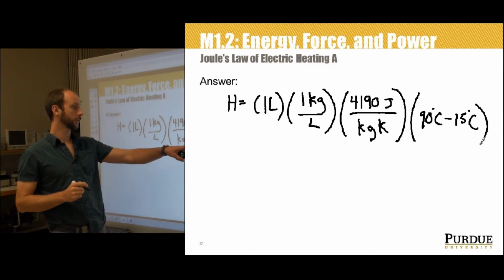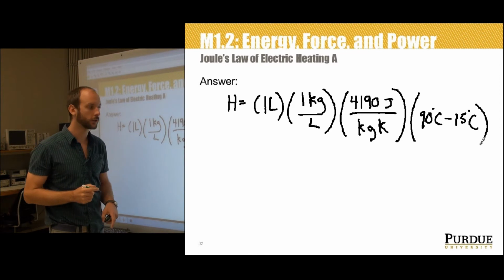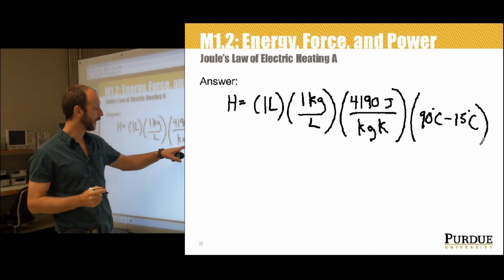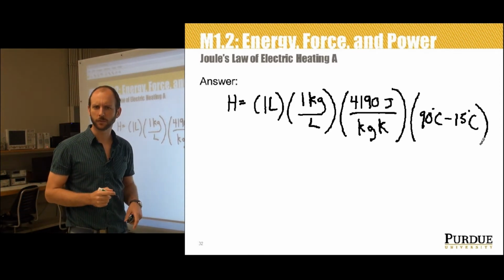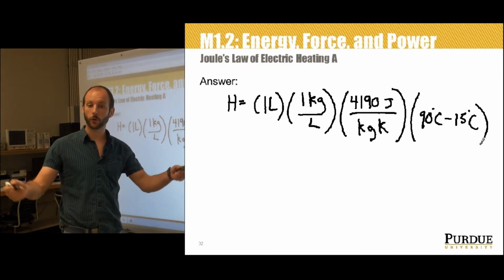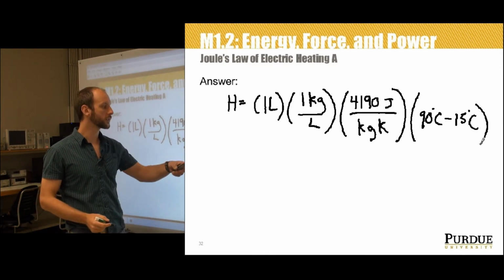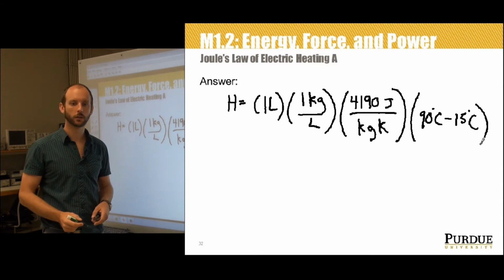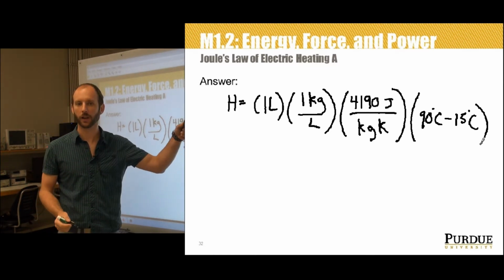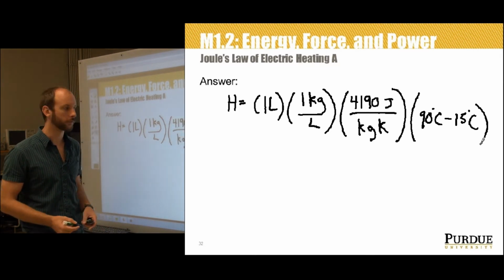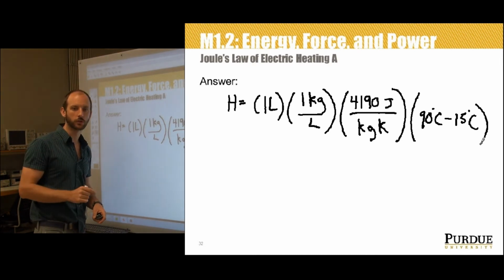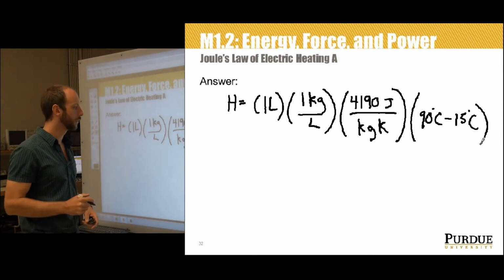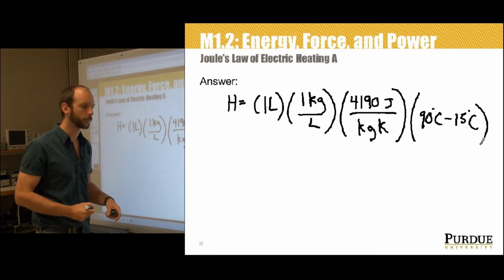You might be saying, oh my goodness, you just used Celsius units over here on the delta T, but you gave us the specific heat in Kelvin. Well, fortunately for all of us, a change of 1 degree Celsius is equal to a change of 1 Kelvin. So if we're multiplying them, we don't actually have to do any conversion. The scales just start at different places.